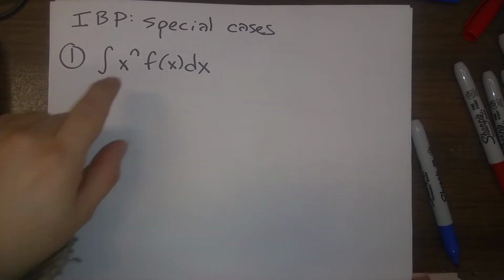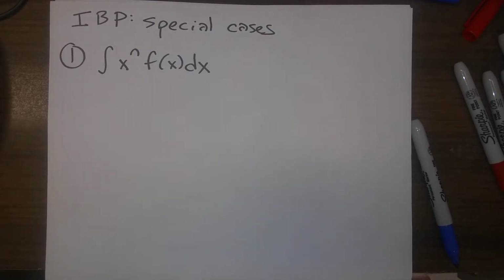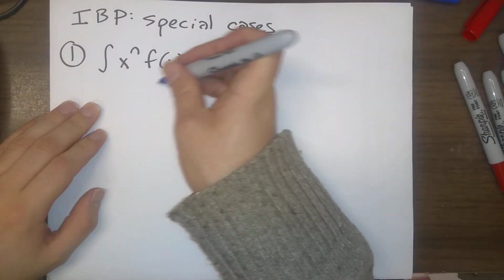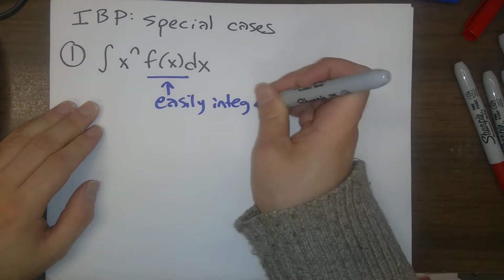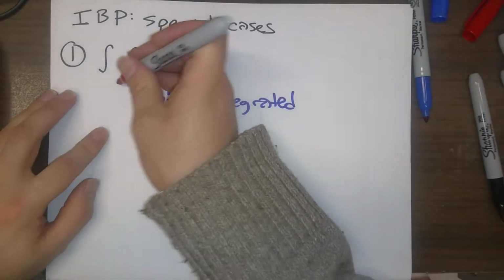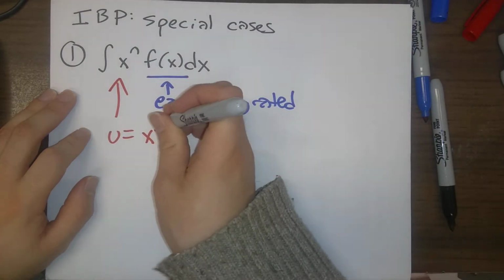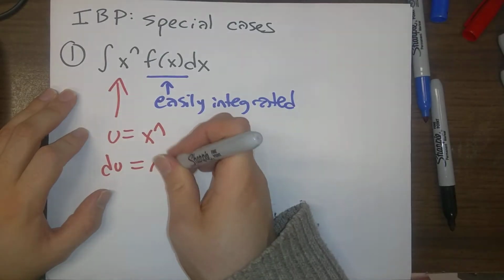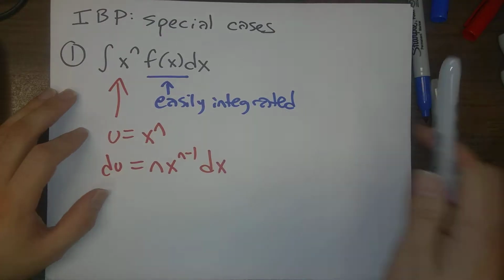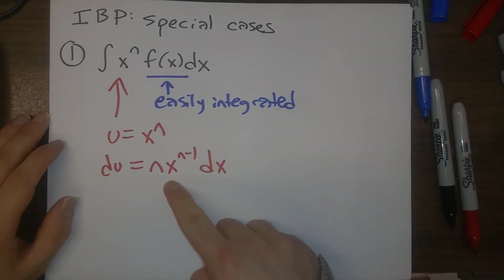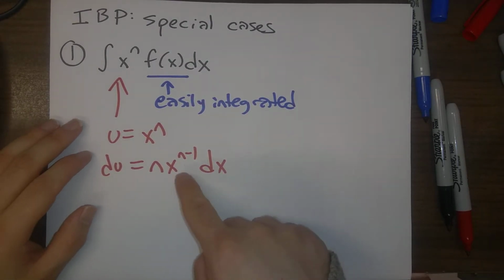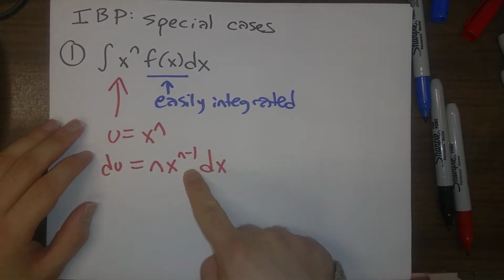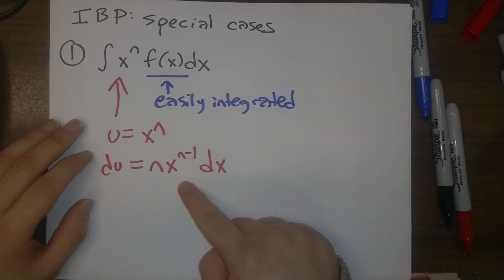If that function f of x is easily integrated, what you can do is set u to be x to the n, du is equal to n x to the n minus 1 dx, and then, if it's easily integrated repeatedly, you just reduce the power of x time after time after time.